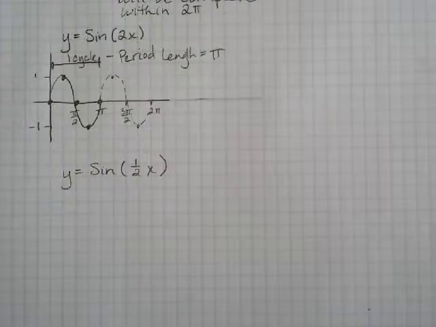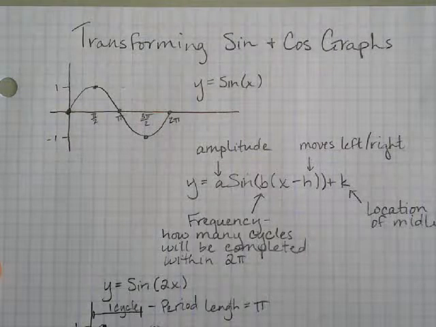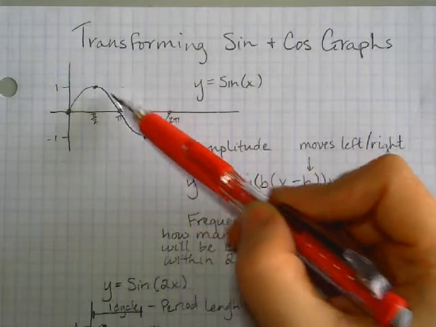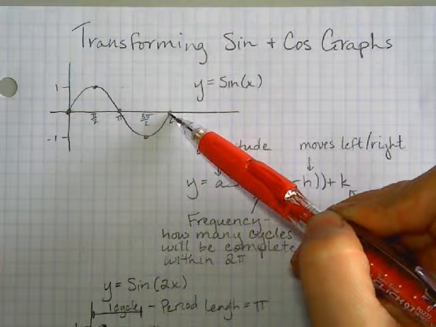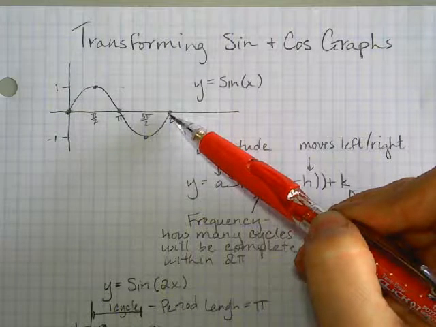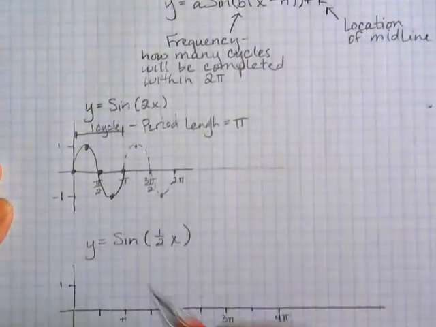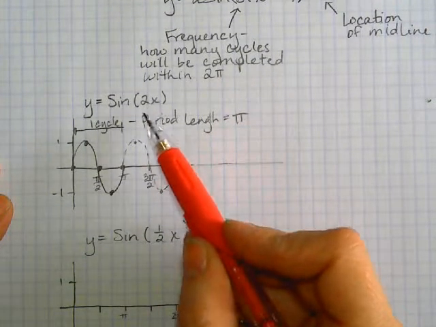So between my starting point and 2 pi, I am only getting this part done. So to get a full cycle done, that's that 1/2 the cycle. To get a full cycle done, I have to go clear out to 4 pi.